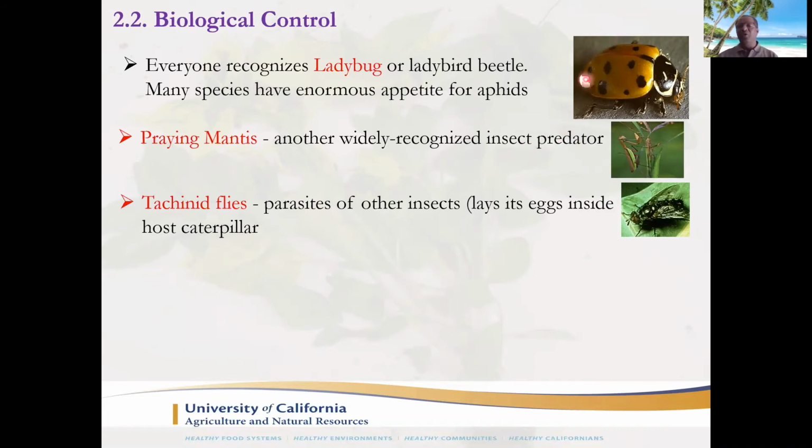Sometimes they use them for playing with. Those beautifully colored organisms are actually very beneficial. Why? They have a huge appetite for aphids. Aphids are insects that have a huge appetite for our vegetables. So those are natural control.